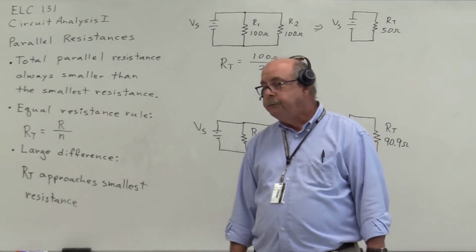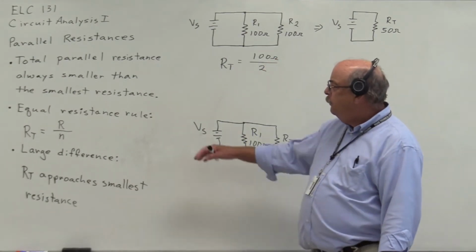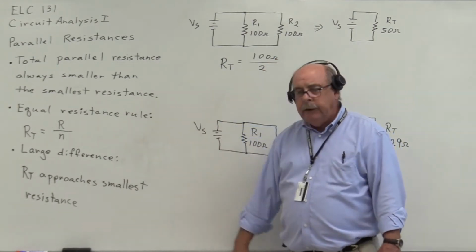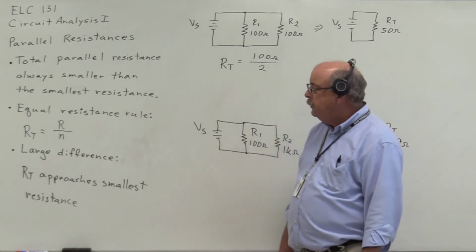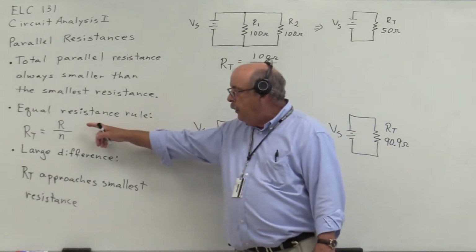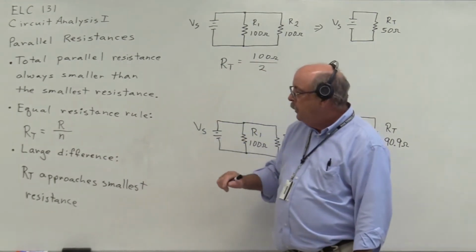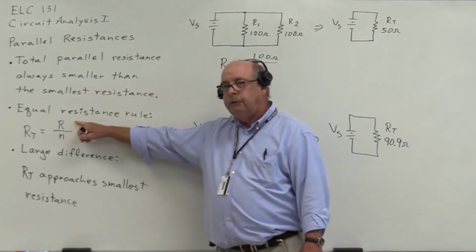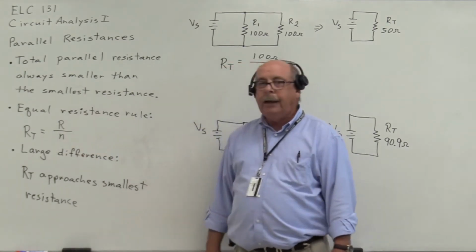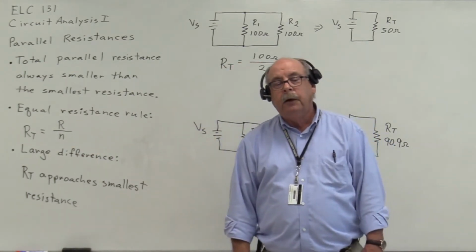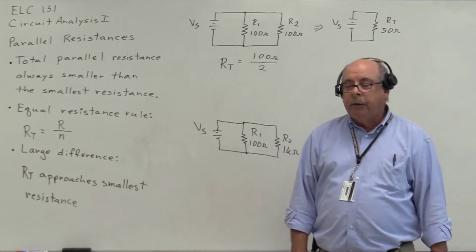Now, we've got a rule, I call it the equal resistance rule, that states that the total resistance of equal value parallel resistors is always equal to the value of resistance divided by N, where N is the number of resistors connected in parallel.